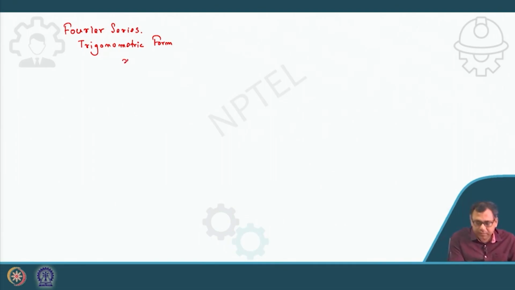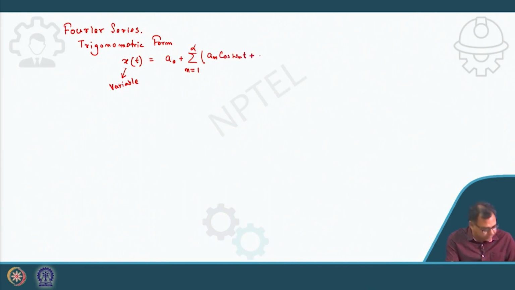So that means if xt is a variable, that can be expressed by a0 plus summation of n equal to 1 to infinity, an cos omega nt plus bn sin omega nt.